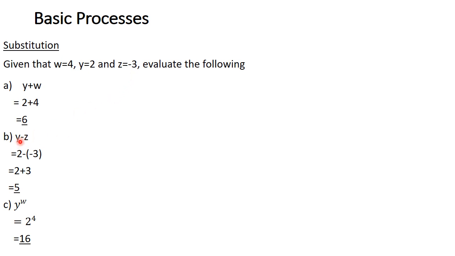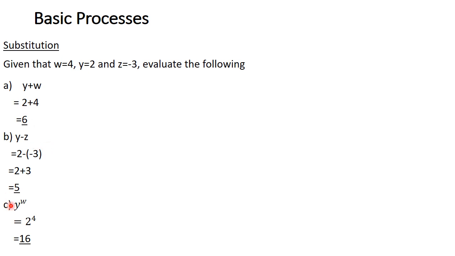So y is 2 minus z, which is negative 3. Don't assume there is a negative, so it means this negative has been represented. This is negative 3, so you introduce brackets and you put negative 3 inside the brackets. So we have 2 minus, open bracket, negative 3. We're going to go back to integers. Negative times negative is positive. So we're going to have 2 plus 3, which is equal to 5.